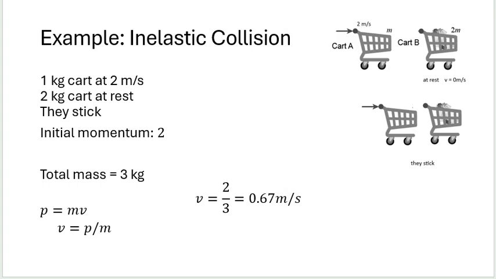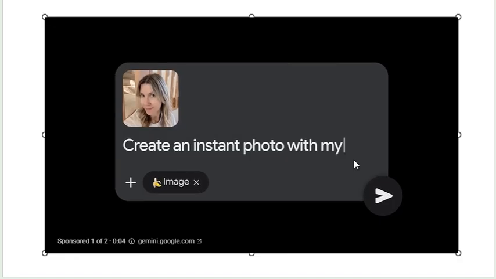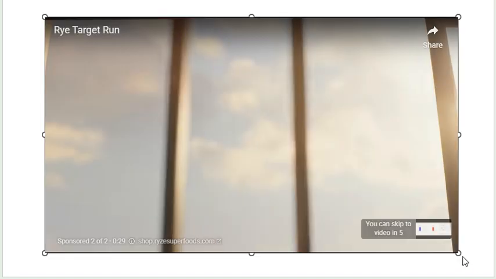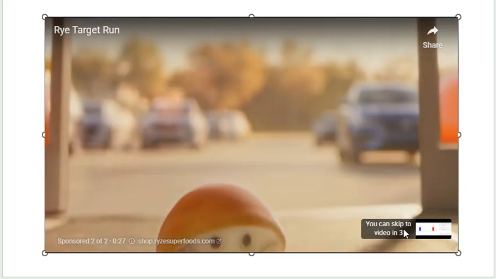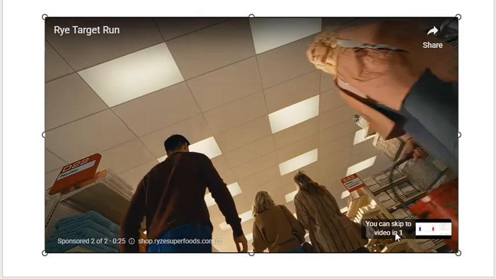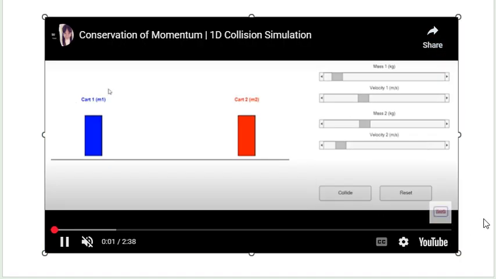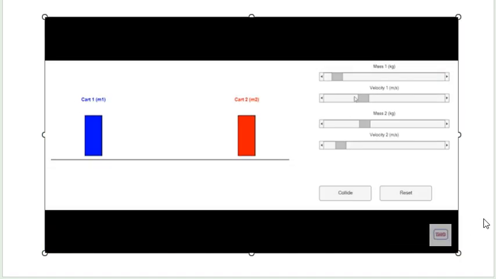Okay, so then we go here, and we will take a look at the conservation of momentum simulation right there. We are going to show the three cases of the collision, before and after collision, in this simulation. I am going to go ahead and skip this little one. And of course, you have your cart 1 and cart 2, and we play with the variables in that equation: your mass, velocity, and we have velocity 1 and 2.